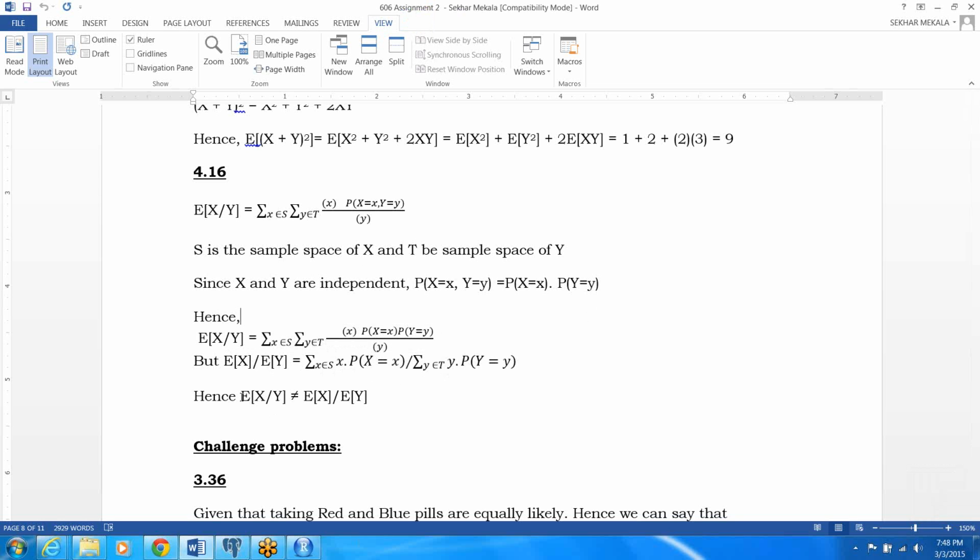Could you give me one example, if you can think of one now, where the expected value of x by y is indeed equal to the expected value of x divided by the expected value of y?